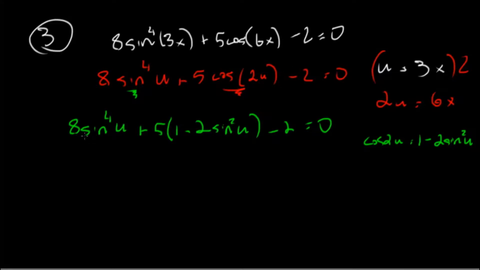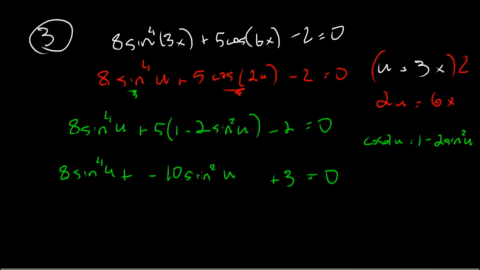Okay, cool. Let's continue to clean this thing up. So we got an 8 sine to the 4th u. I'm not going to mess around there, but I will simplify this second expression. Plus 5 times 1, that's 5, minus 2, that's going to be plus 3. And then we got 5 times negative 2 sine squared u. So that's going to be a negative 10 sine squared u. All right, so plus negative 10. Sorry about that. Cool.